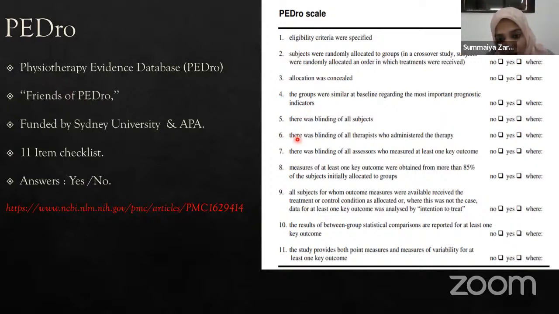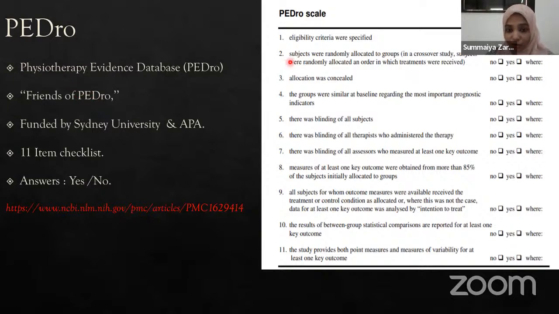Yeah, question number 6. There was blinding of all therapists who administered the therapy. So therapist and therapy. So you can apply this only on studies which are conducted by physiotherapists, and they report therapy. So that is the limitation of this checklist.